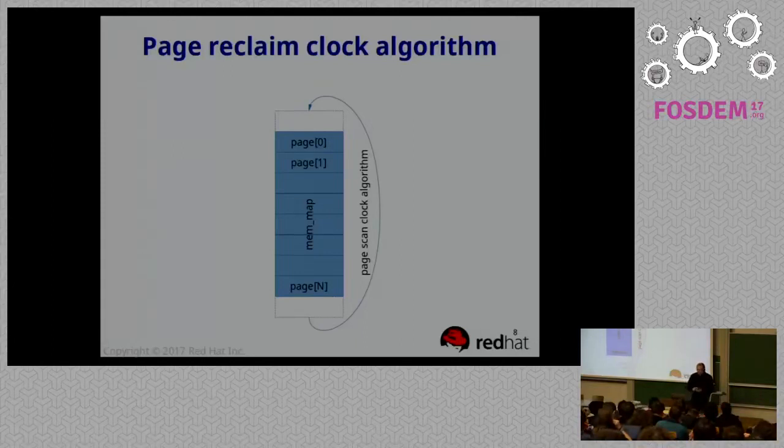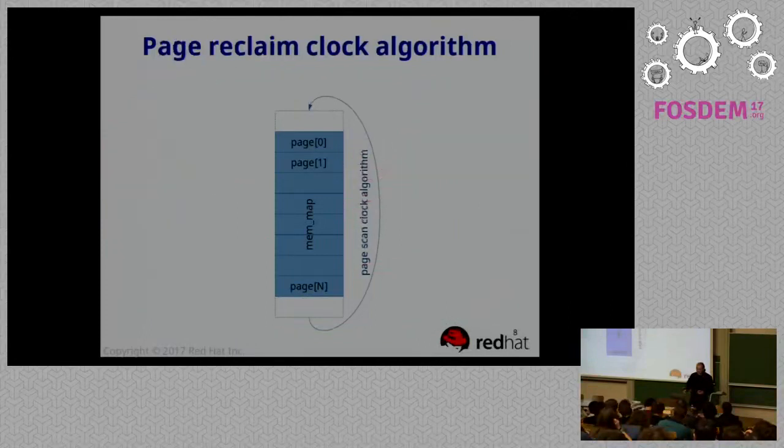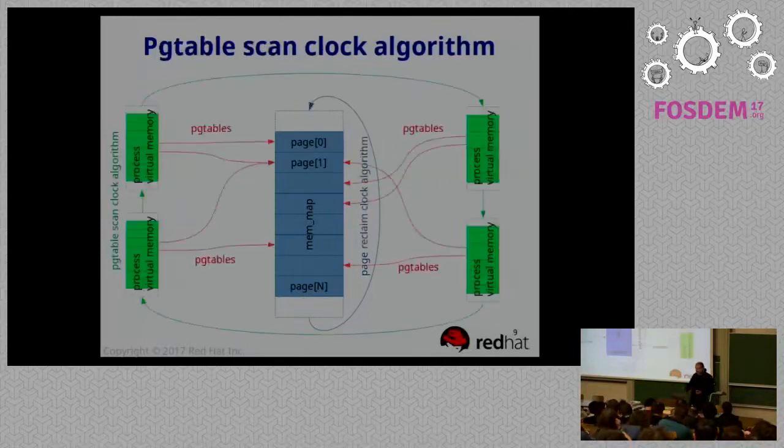But if you wanted to free a page, you would need to scan all the pages in the map array, including kernel memory, anything, and check every one of these pages until you would find one which looked like a potential cache candidate, which was not mapped, and you could actually see, well, nobody is using this page. It's cache. Let's free it. This was called a clock algorithm for page reclaim.